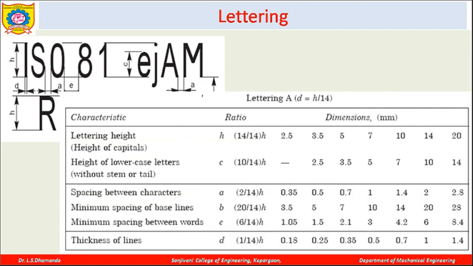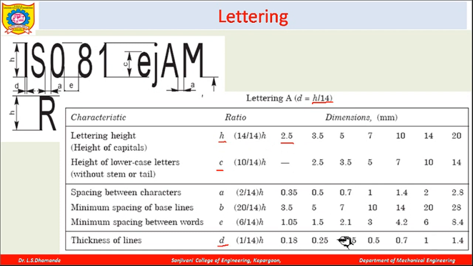So the proportions for h by 14 are given in this particular table. Here it is h, c, a, b, and e. All these different letters which I have explained on the drawing have their proportions specified here. Let us talk about d and h.